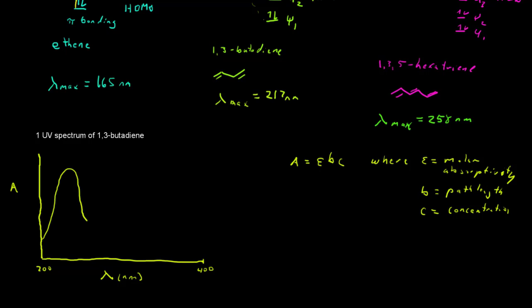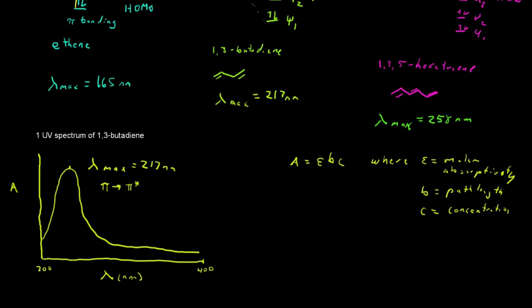We get a fairly broad transition that tails off. And the wavelength of maximum absorbance right there is lambda max, which corresponds to 217 nanometers. And this, of course, corresponds to the pi to pi star transition, the HOMO-LUMO transition, in 1,3-butadiene.